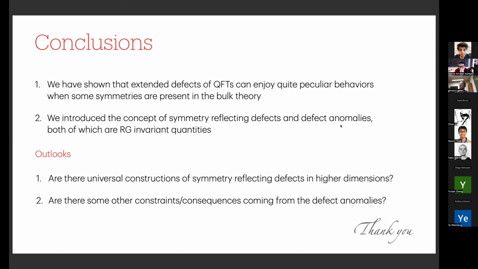Yeah. When I say acting faithfully, I mean that it acts faithfully on local operators or on operators which link with it. Otherwise, I agree that operators which do not act on anything by linking can be cut open topologically. But in this case, if some defect is symmetry reflecting under a condensation defect, I don't know if it is possible, but if it is possible, then you cannot conclude anything. I agree. I see. Okay. Thank you.